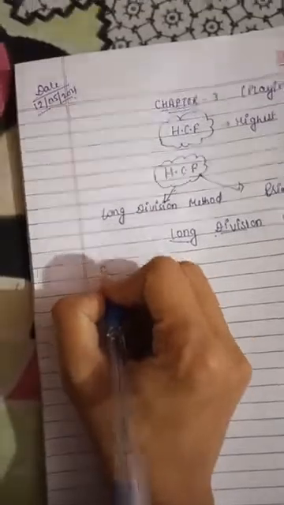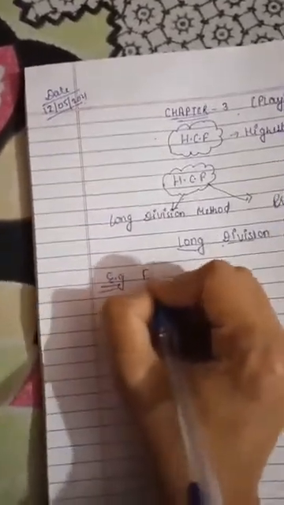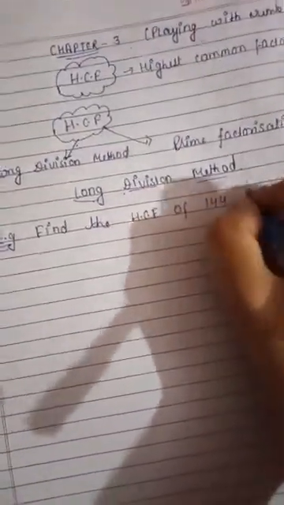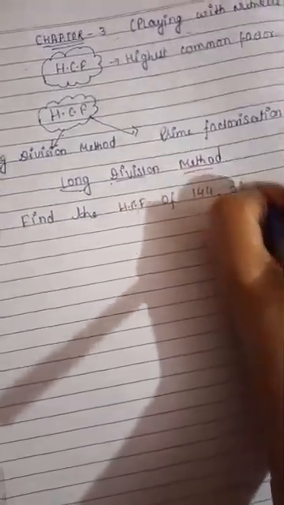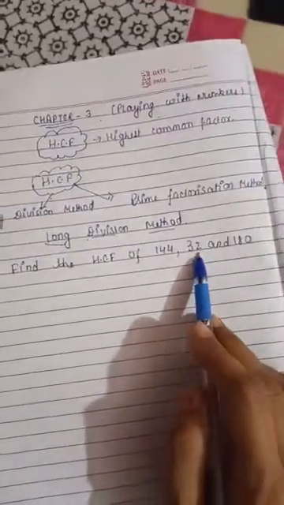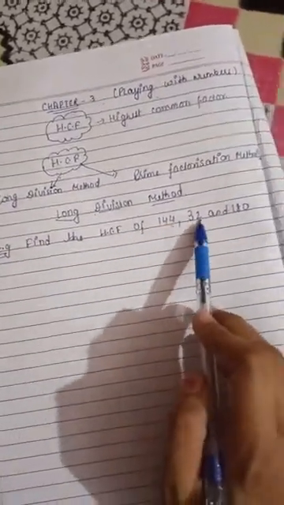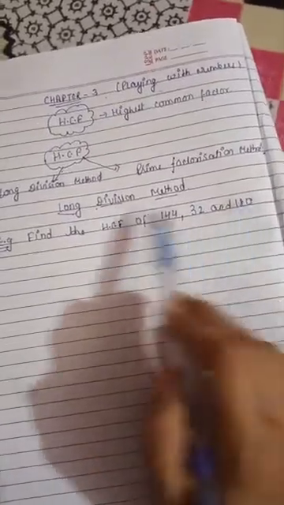Find the HCF of 144, 32 and 180 by the long division method.